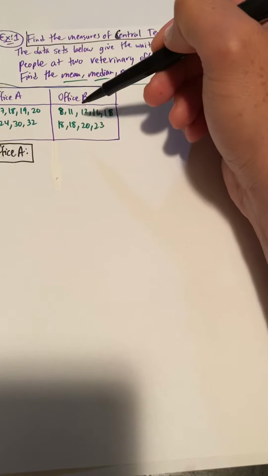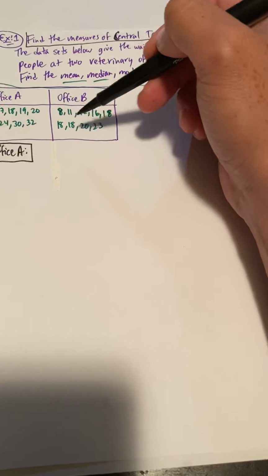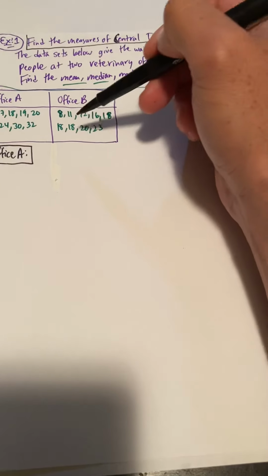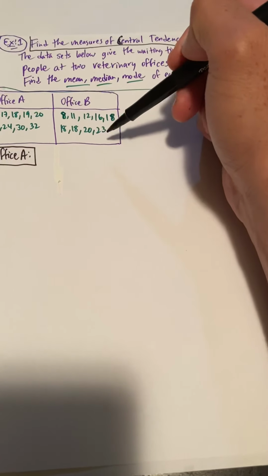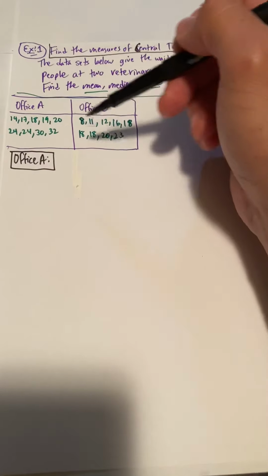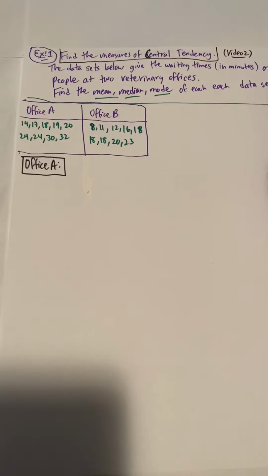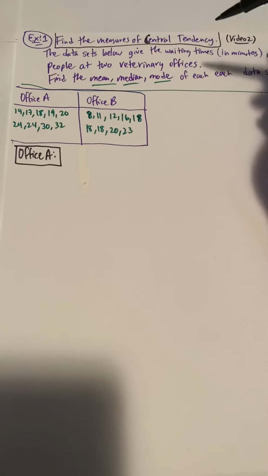Office B is also, notice it goes from the smallest all the way to the biggest in 2 rows. So from 8 all the way to positive 23. So we don't need to rearrange this. For the median, if we are asked to find the median, we need to make sure that they're written from least to greatest, also known as ascending order.